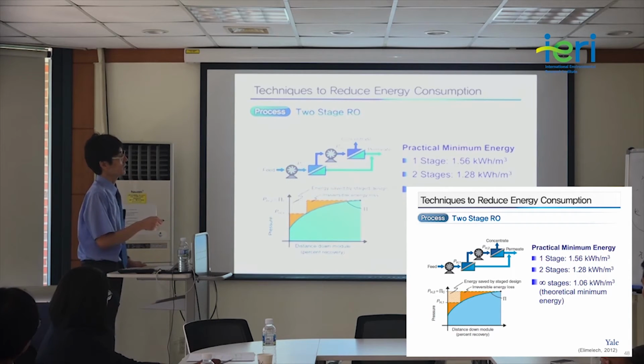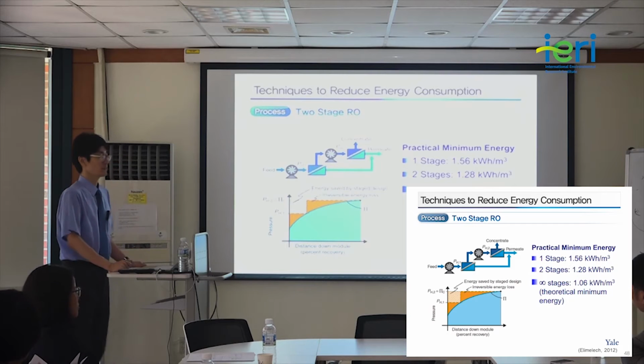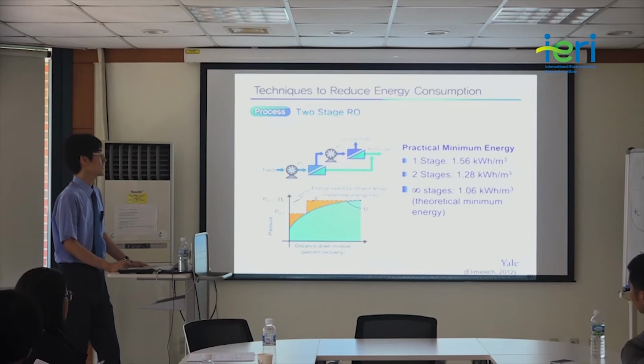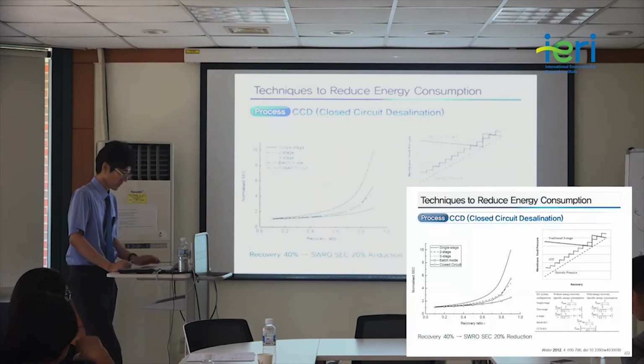In fact, we just need to compare a single stage and a two stage system, and by adding one more stage, we can reduce the energy by 20% or more. So again, this is another idea to reduce the energy consumption.